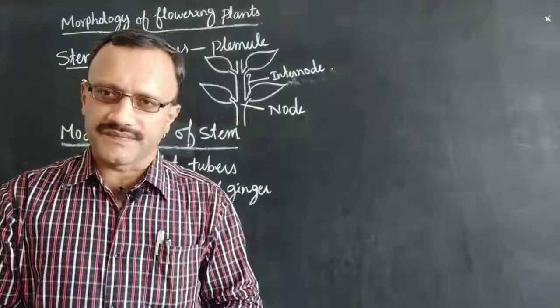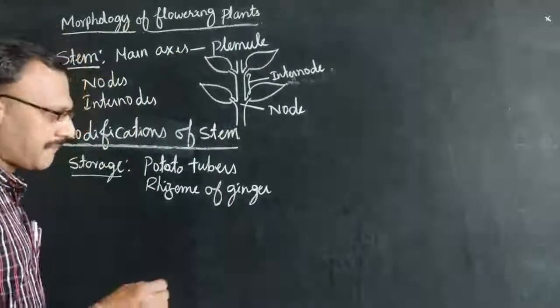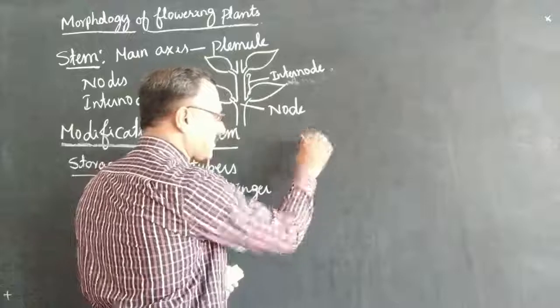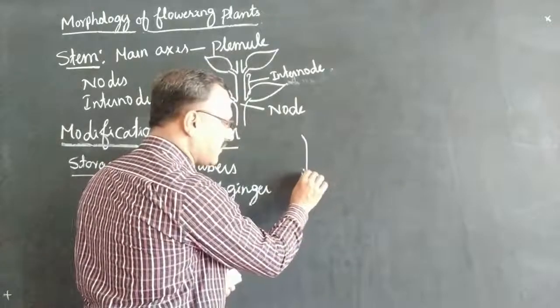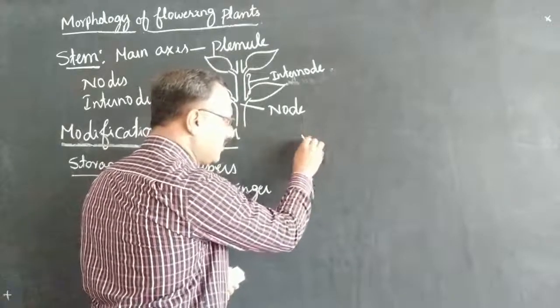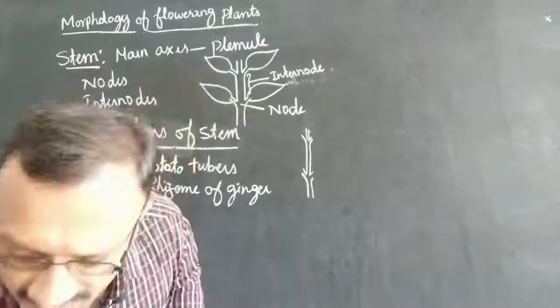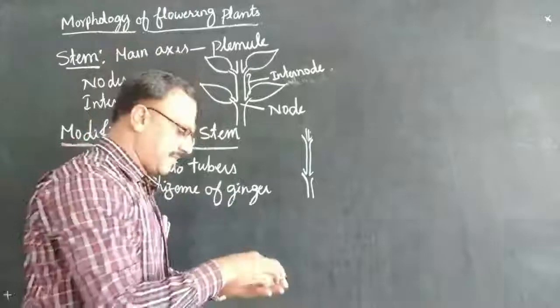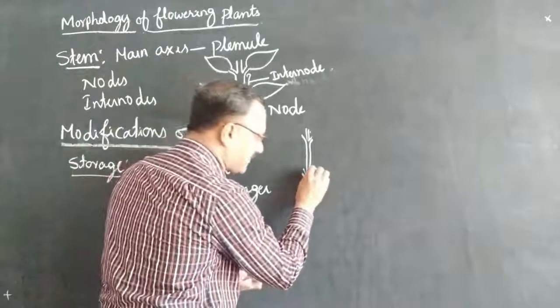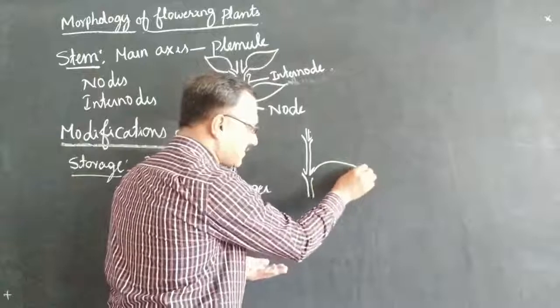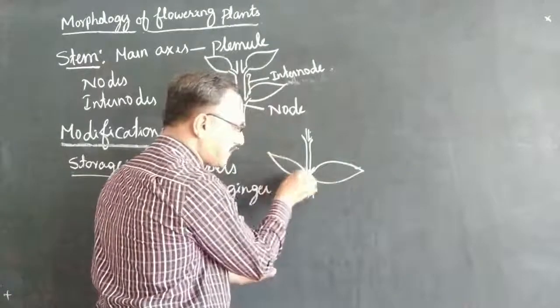Apart from that, in some of the plants, the stem bears a nodal region, and in the nodal region we come across axillary buds. These are small buds found at the region where the leaf is attached to the stem.